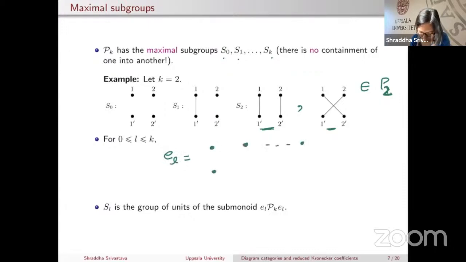What is the explicit definition? Inside the partition monad, we have an idempotent. Take a non-negative integer L less than or equal to k, and join the first L vertices. This is just an identity strand, and on the remaining ones we do nothing. So this is an idempotent in a monad.